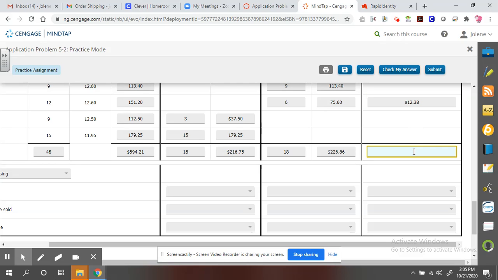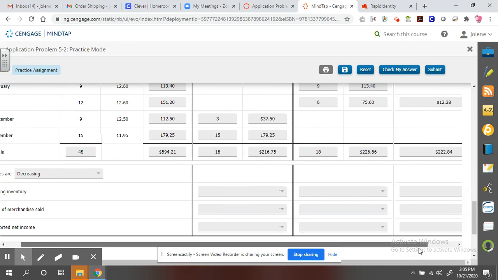Well, I got to take that $12.38 times the 18 that were left over. So $222.84. To get this, I divided total cost by total units.